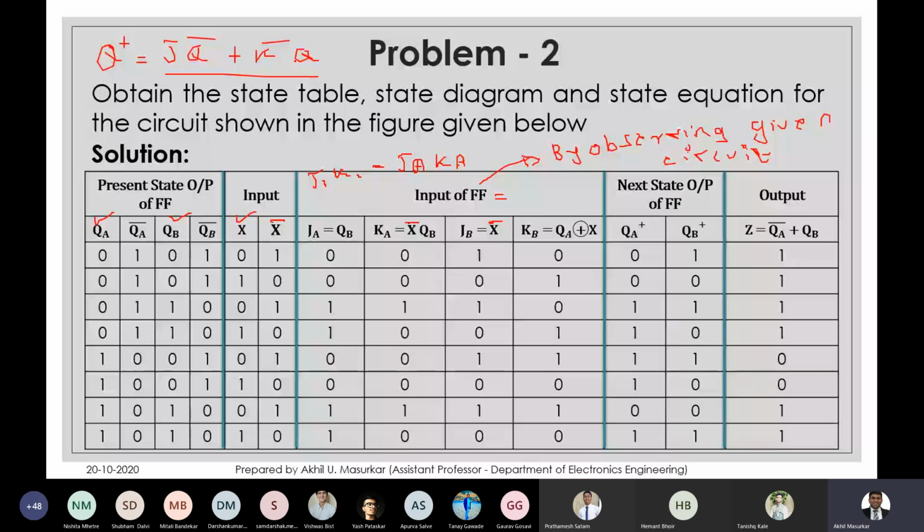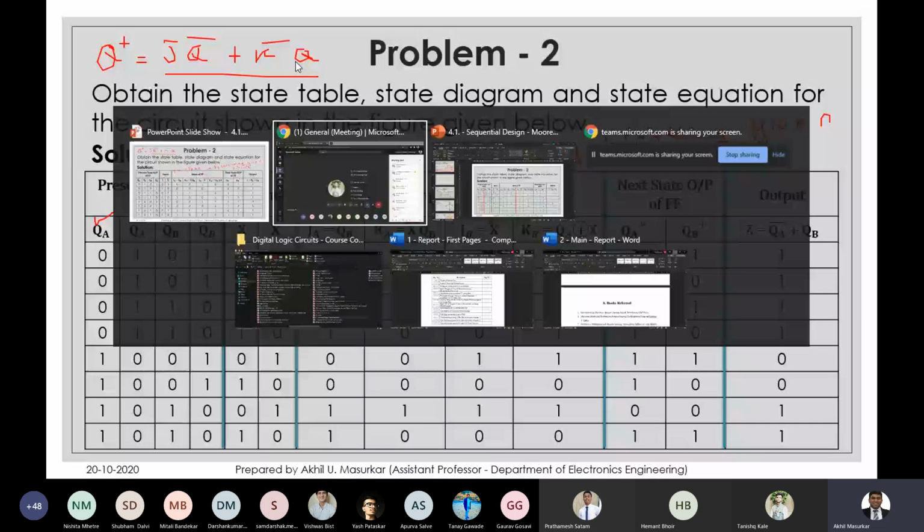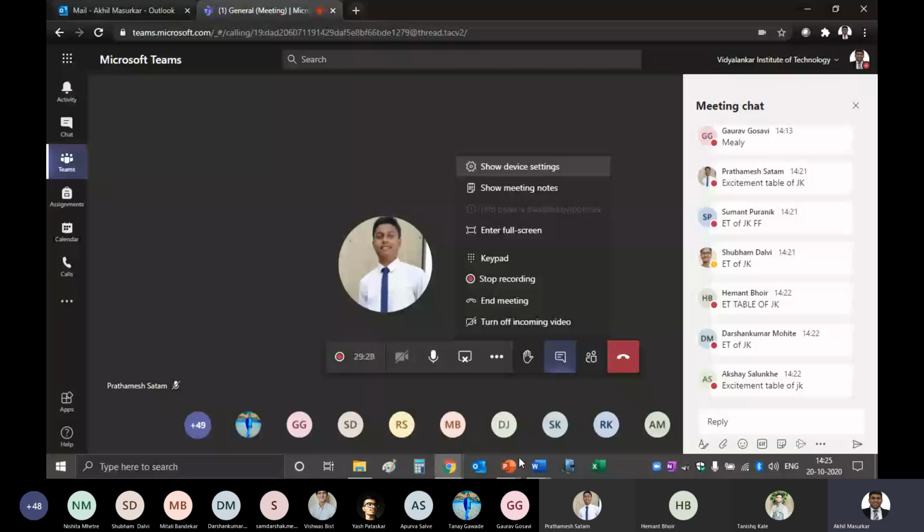So what I thought, let us devise a shortcut for looking at this. Now just recall from our previous discussions. I'm just writing it down here.